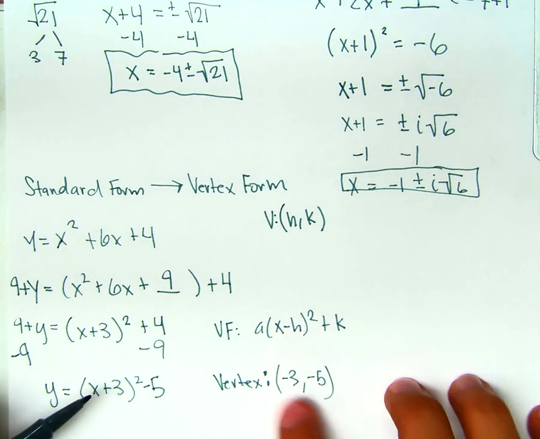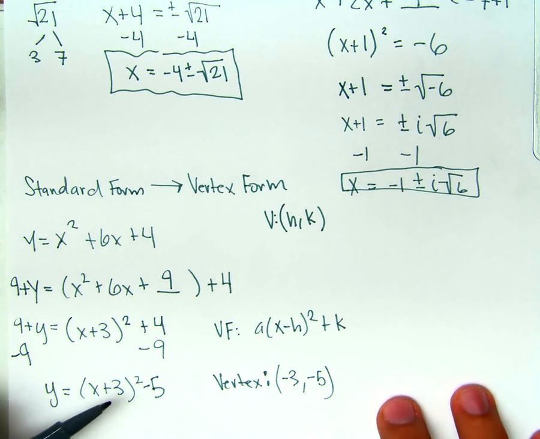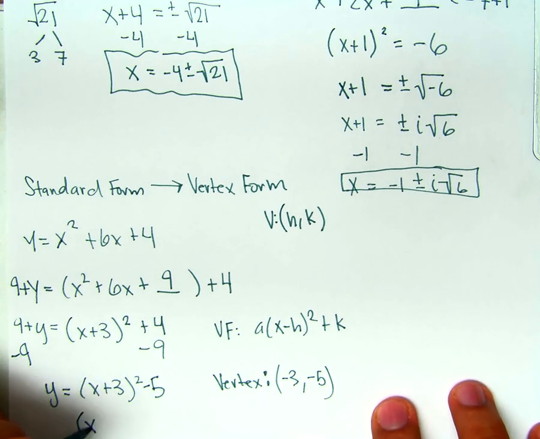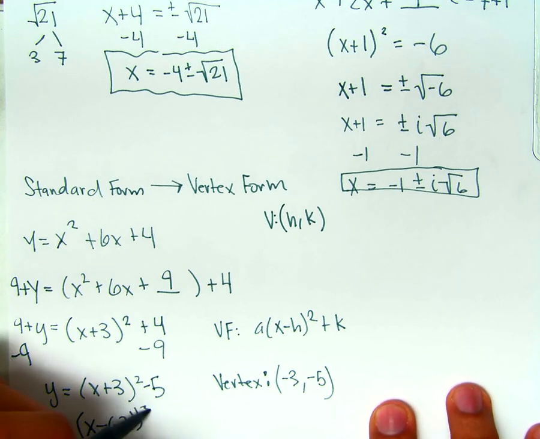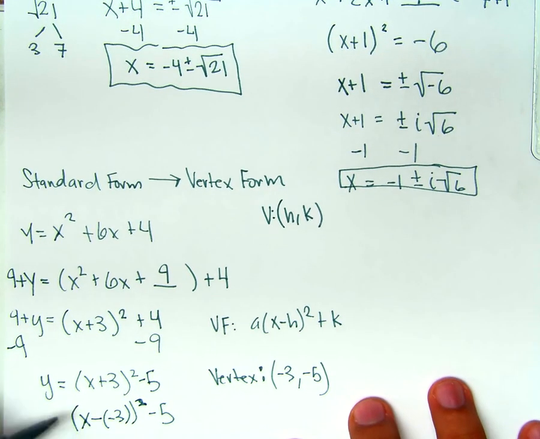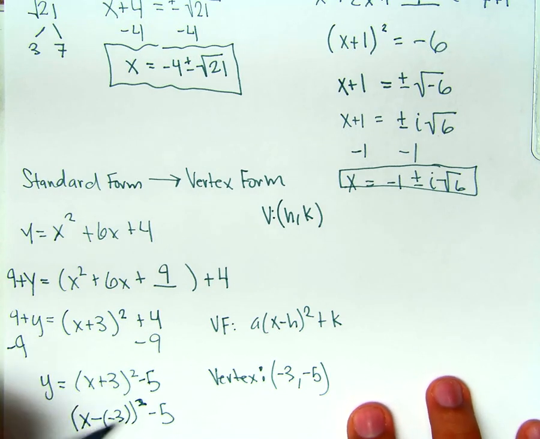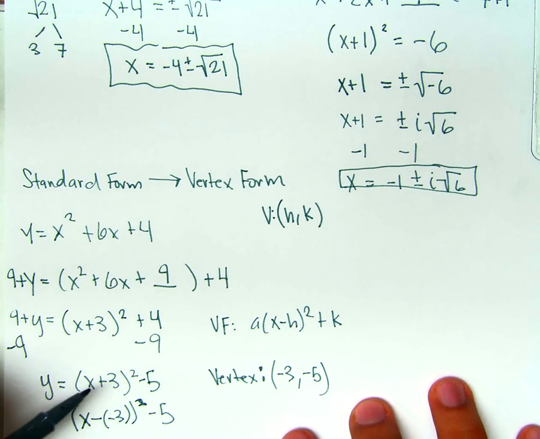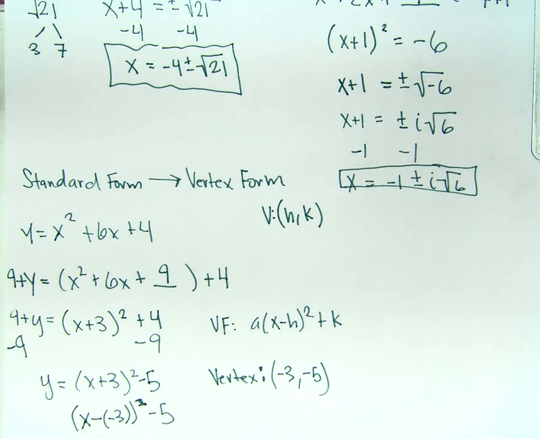This is x plus 3. So you can either think of this in your head or you can always rewrite it. It'll be x minus -3 squared minus 5. Because x minus -3 is the same as x plus 3, your h is actually -3. It's not 3. Does that make sense?